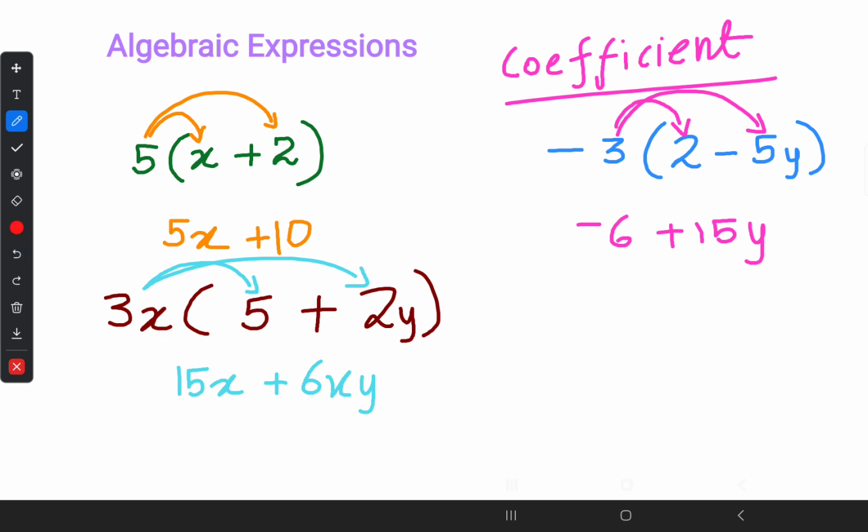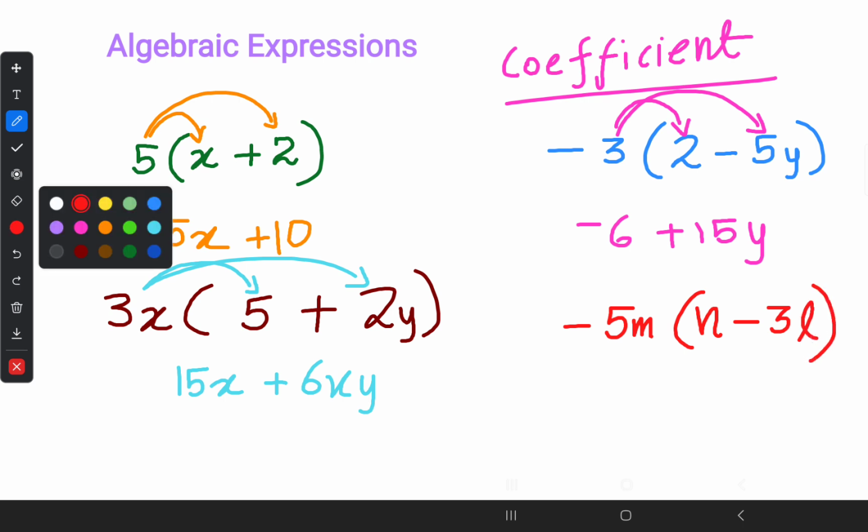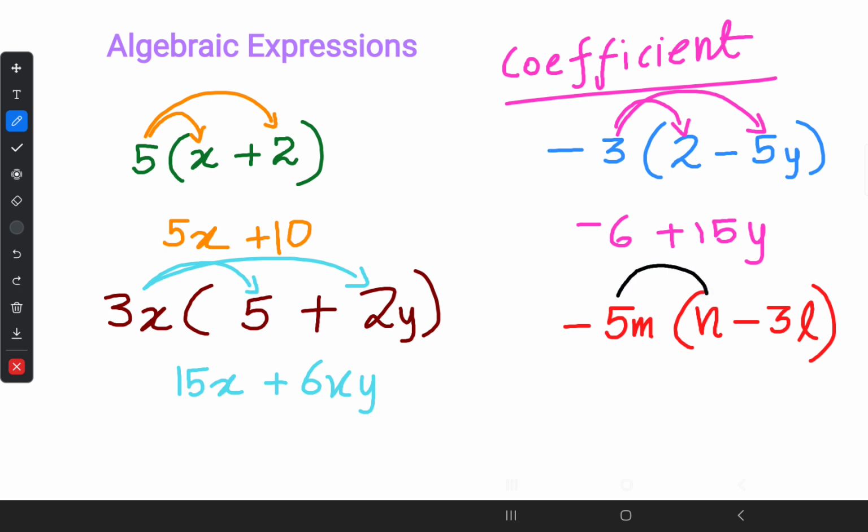And one more question. Let's try. When you have negative 5m inside the bracket, n minus 3l. Let's expand this one as well. Negative 5m should be multiplied with this n.